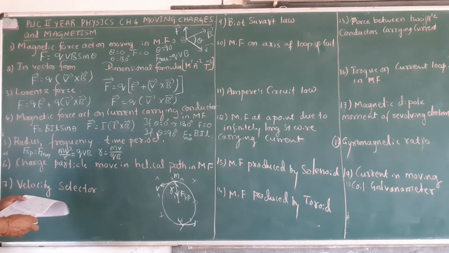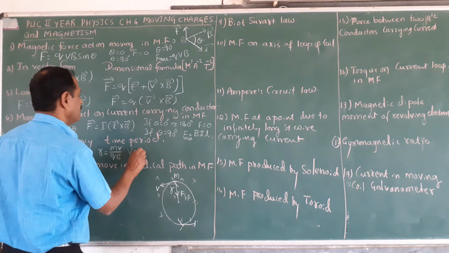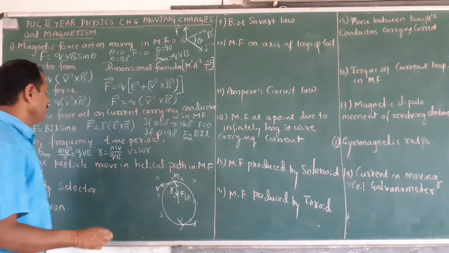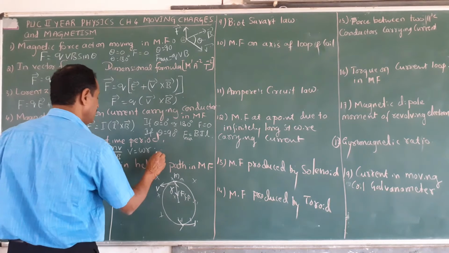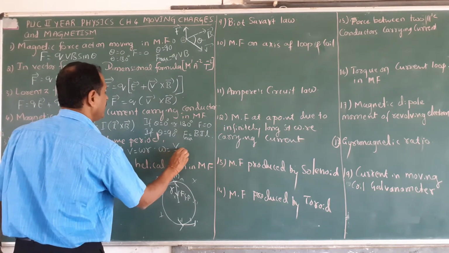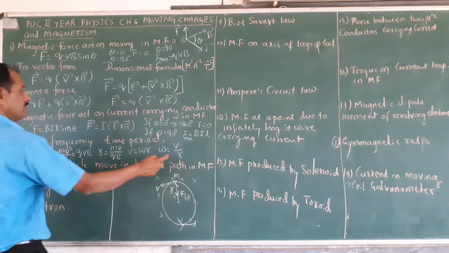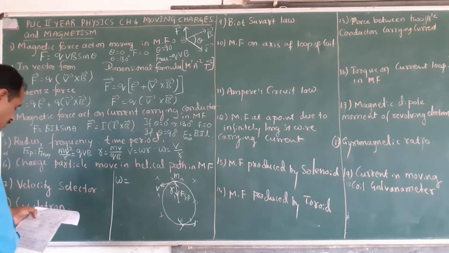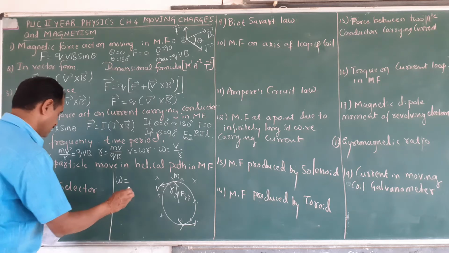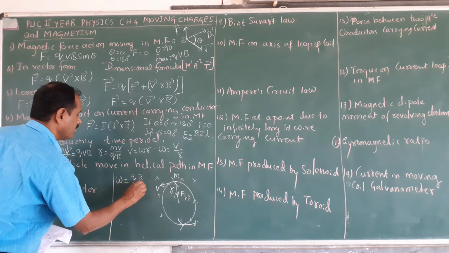Then another one, v = r omega, so omega = v/r. Substituting r, finally you get the expression omega = qB/m.